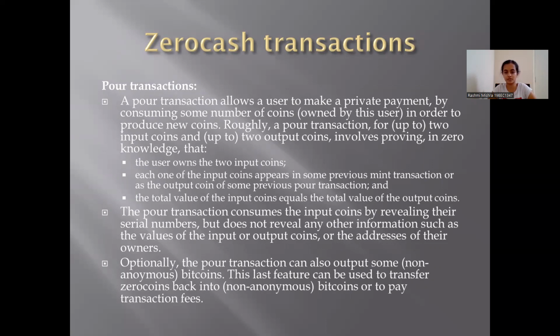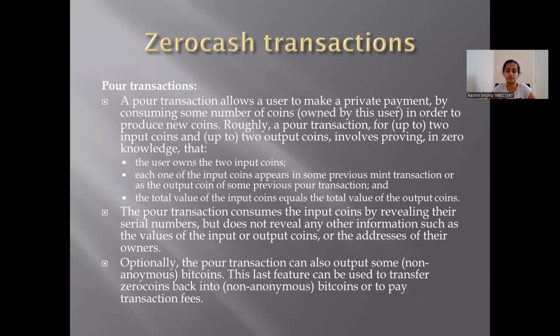Roughly, a pour transaction for up to 2 input coins and up to 2 output coins involves proving in zero knowledge that the user owns the 2 input coins. Each one of the input coins appears in some previous mint transaction or as the output coin of some previous pour transaction, and the total value of the input coins equals the total value of the output coins.